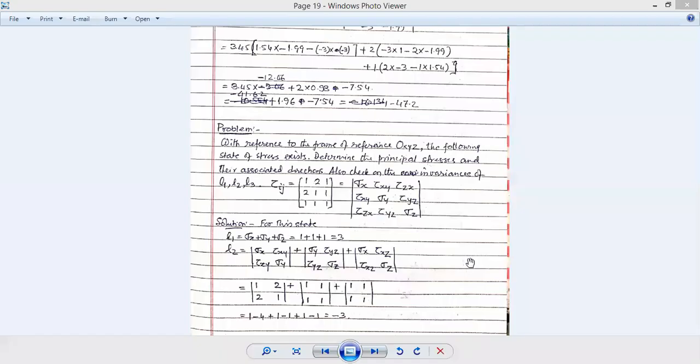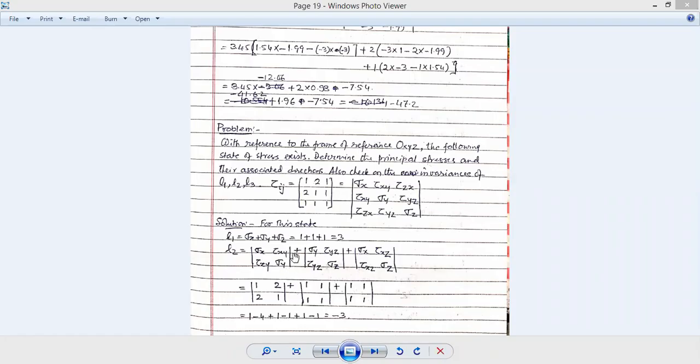And next L2, it is given by this matrix: sigma x, tau xy, tau xy, sigma y. What is seen, which makes for a very clear understanding, is that along one diagonal are sigma x and sigma y, and along the other diagonal is tau xy, with suffix x coming here and suffix y also coming here.